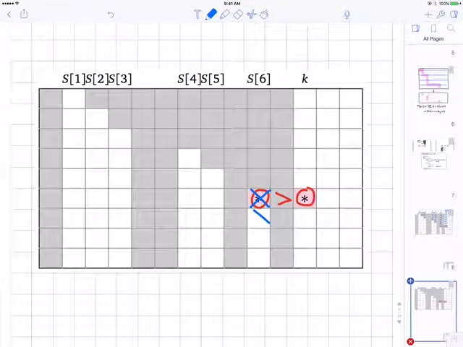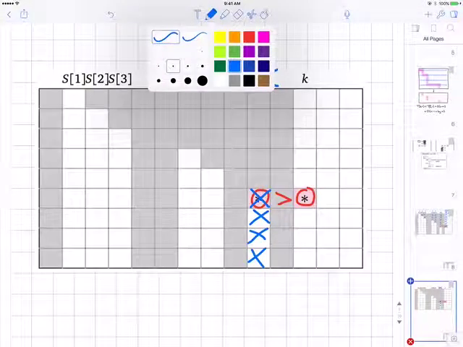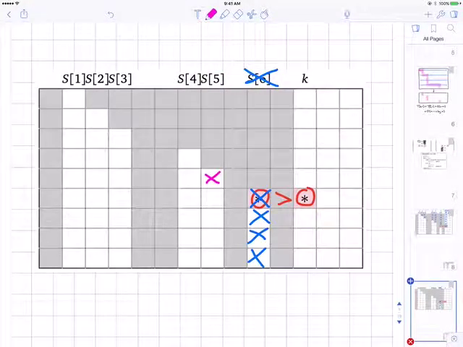And moreover, nothing else lower in that column can be the smallest entry in its row either. Which means at this point, I've discovered column S6 is dead. And so I pop that index off the stack. K stays the same, but then my next comparison is going to be between these two entries.